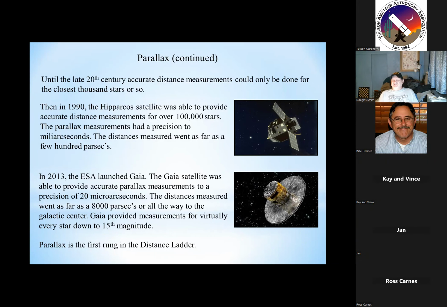This allowed the distances to go as far as 8,000 parsecs, which is basically all the way to the galactic center, the center of the Milky Way. Basically, Gaia provided distance measurements for virtually every star down to 15th magnitude. So that's a bigger portion of the Milky Way. Parallax is considered the first rung in our distance ladder, if you like.